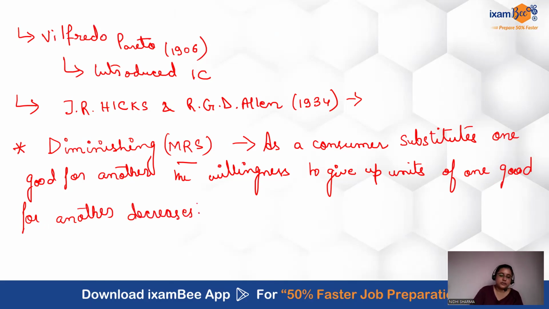Okay, so that means if you are consuming two goods, and as a consumer substitutes one good for another, the willingness to give up units of one good for another decreases. And for simplicity, we always assume that a consumer is consuming only two goods.